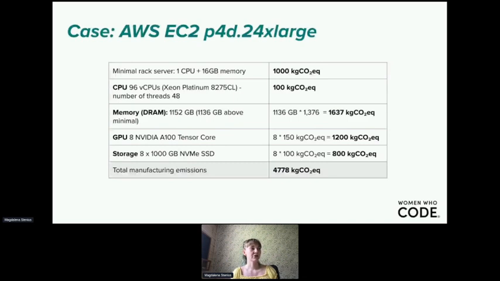We also have some extra memory, dynamic random access memory, and we will calculate the emissions per gigabyte for the amount exceeding the minimal server amount.